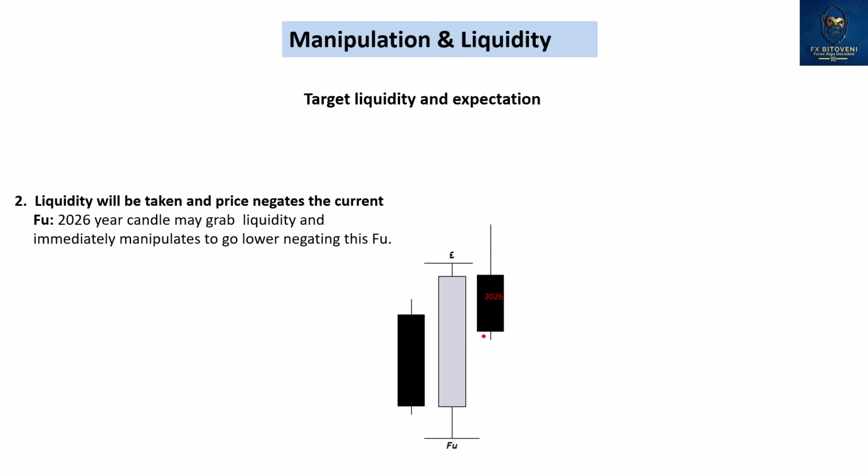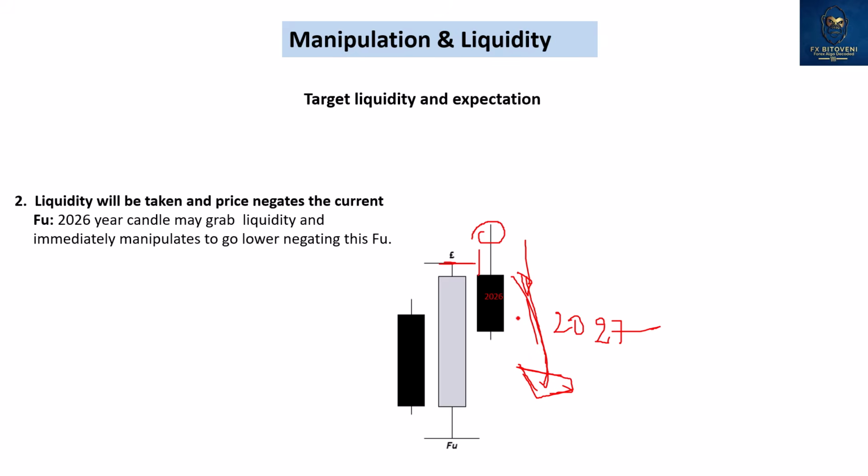This year, 2026 may manipulate, may take the high, may grab this liquidity and then immediately negate, showing us direction to go down again. This means if this happens, we can expect to see 2027 going down.